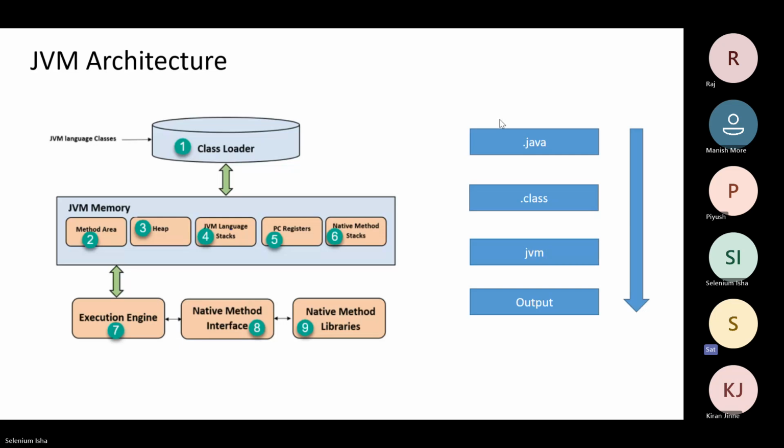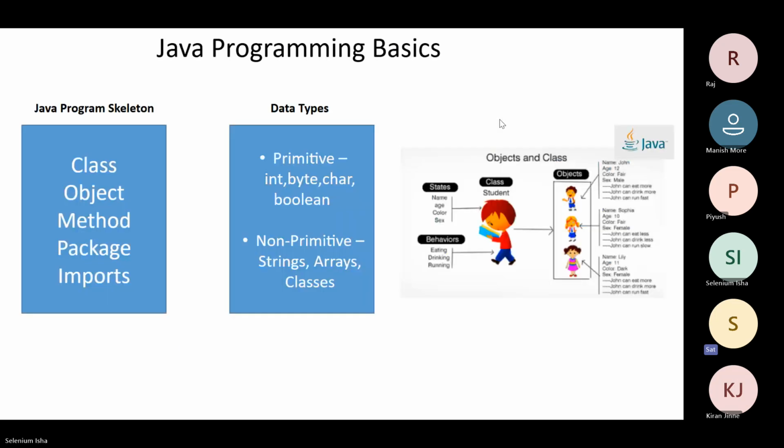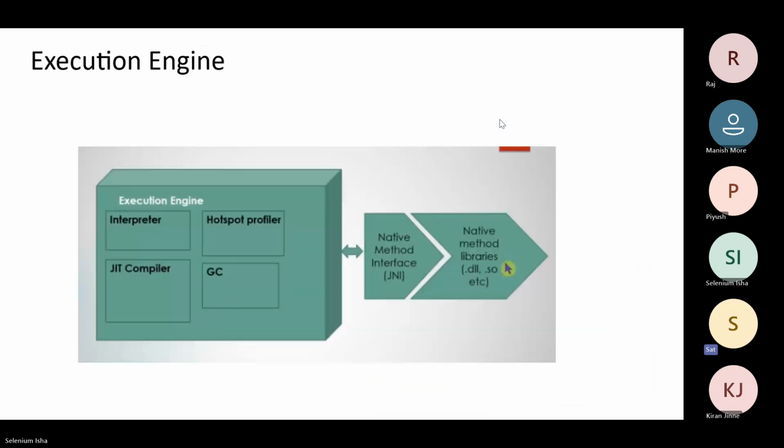In fact, within your execution engine there are a few components which are not really important apart from GC. Your garbage collection is a component of your execution engine. Actually, garbage collection, if you look into it in the simplest way, is a set of folders, set of files, set of libraries.